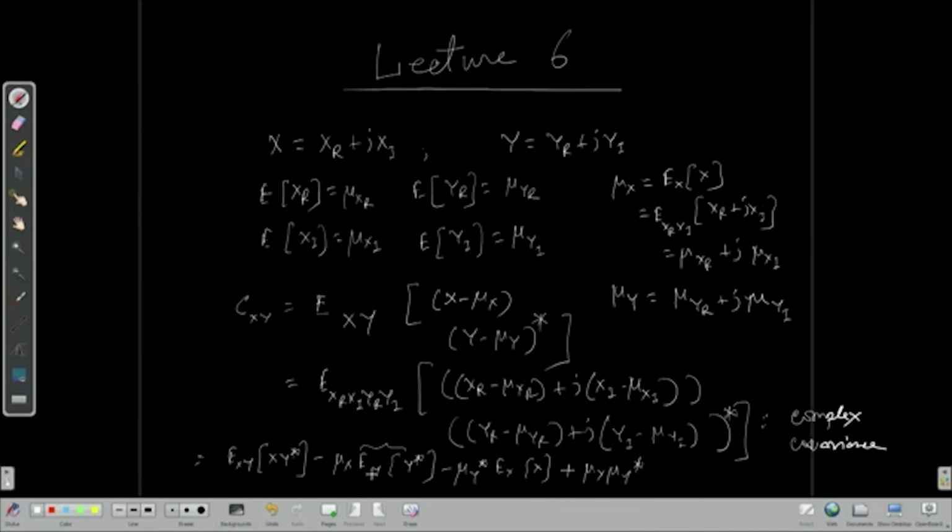Other day I told you, if E y is mu y, like if you are doing E z of a function f of z, fine. But if you do E z of a function f star of z, then it is nothing but star of E z of f of z. So, f of z you can take to be z. So, E z of z star is star of E z. So, it will be star of E y of y. That means E y of y is mu y, so it will be mu y star.